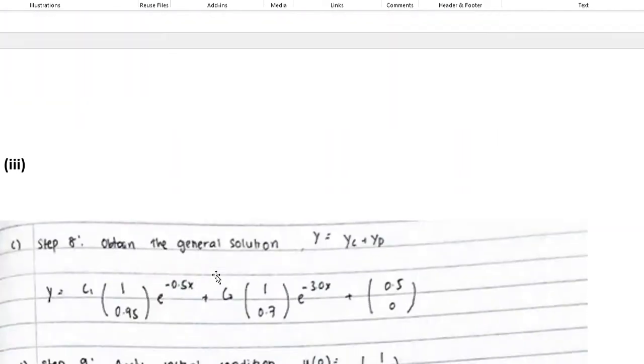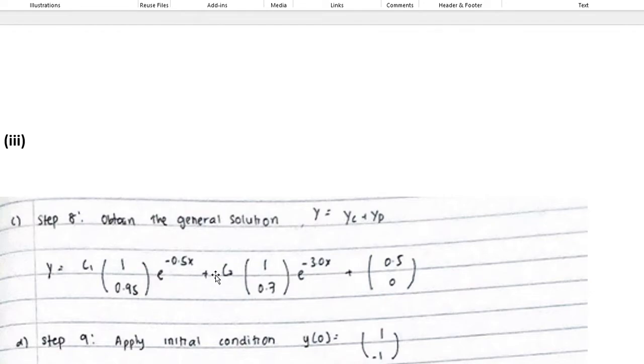Okay. So for C, step 8, obtain a general solution, which is Y equals YC plus YP. So we sub the value back. YC is here, c1 times the eigenvector with exponent.